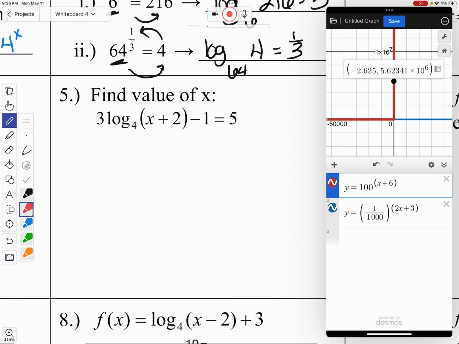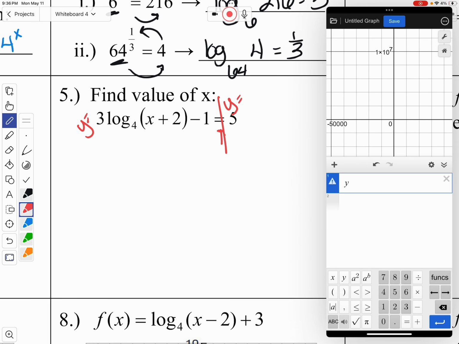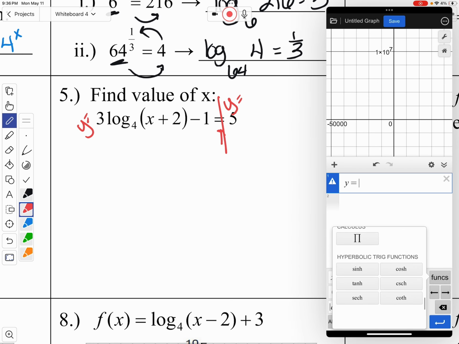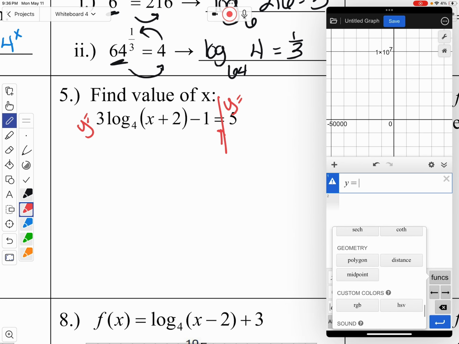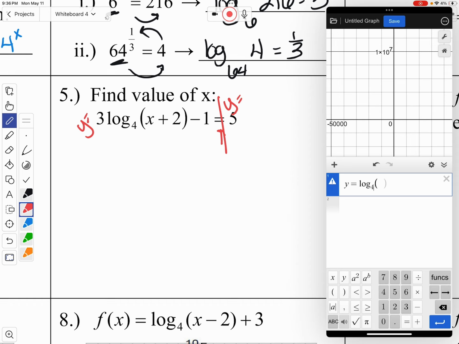Same thing is true with number 5. It has that equal sign, so we do get to split it into two different equations, and we're looking where the two crisscross. So y is equal to log, and it has a base 4, so I need to pick the one that's got the base. Log base 4, x plus 2 minus 1.